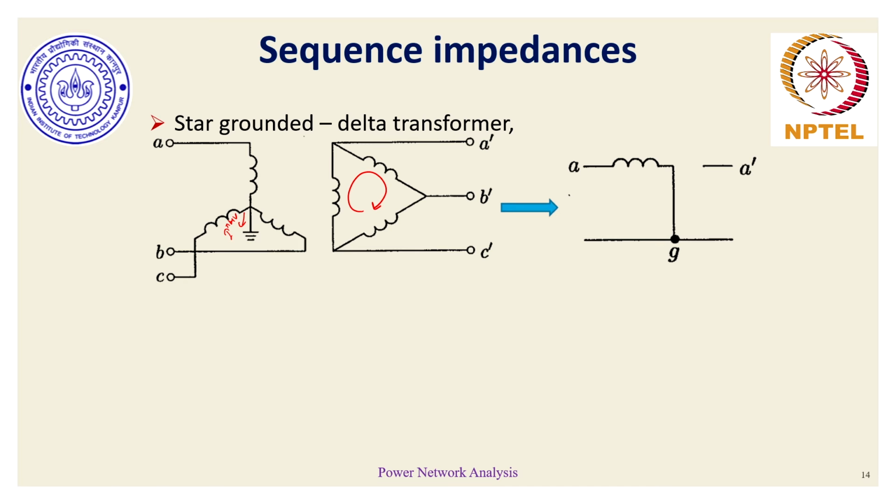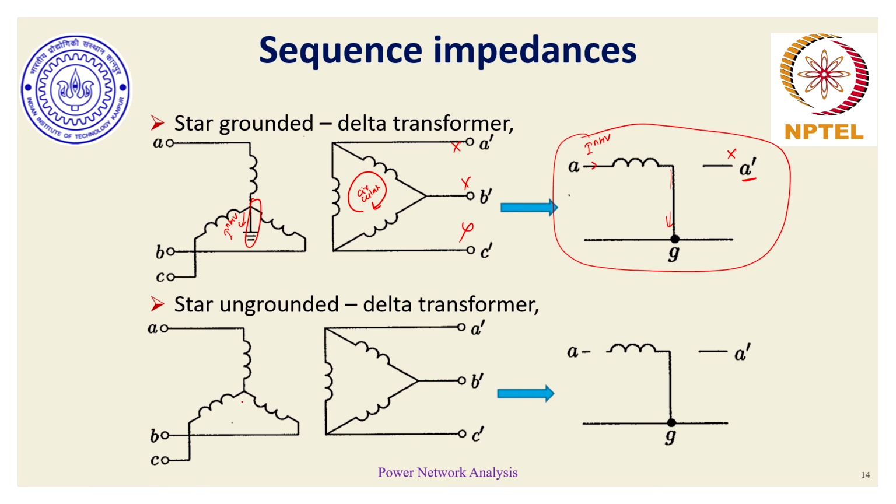It can flow, but essentially the zero sequence current flows as a circulating current. It doesn't escape out on the terminals. And that's the reason why we have this configuration for the star grounded delta connection, because on the primary or HV side, zero sequence current can exist which can go through the ground, which is indicated by this component, but it cannot exit out on the secondary side terminal because of the delta connection.